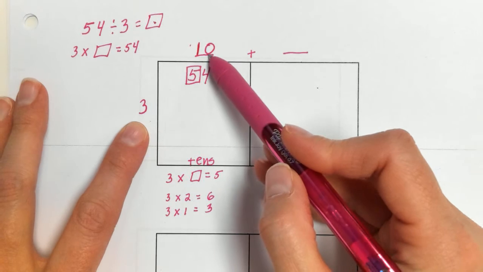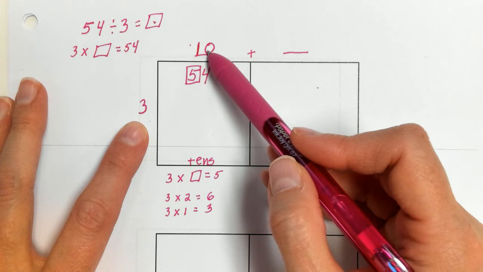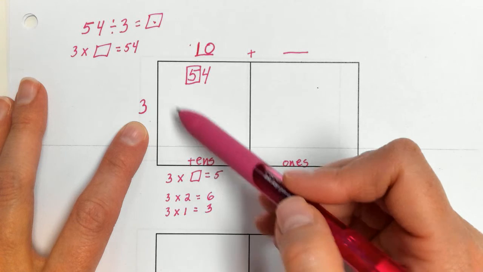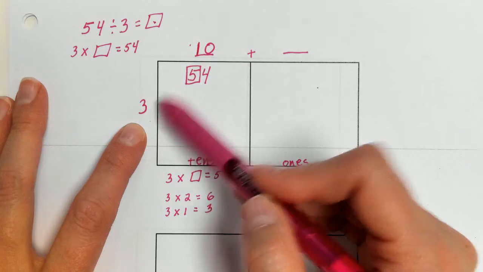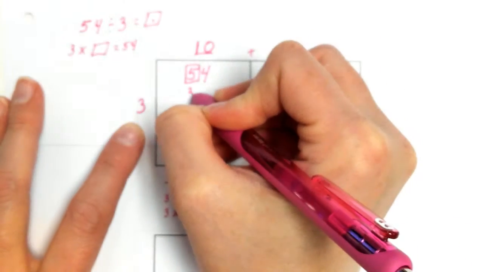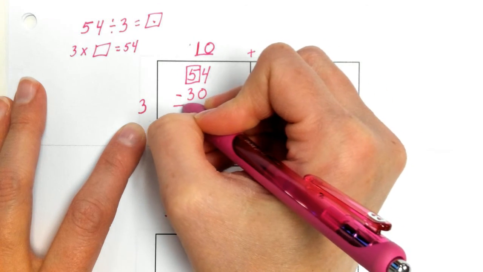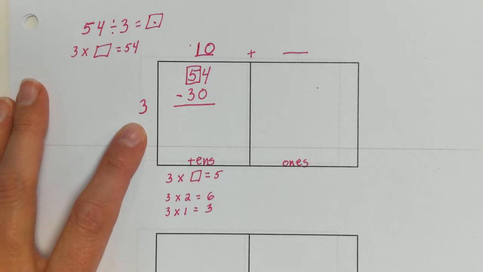Now, why do I have this 0 here? Because this is the tens. Now, what would I do in my multiplication problem? I would multiply 10 times 3, right? So let's multiply. 10 times 3 equals 30. So I'm going to write my 30 under my 54. And I'm going to subtract.